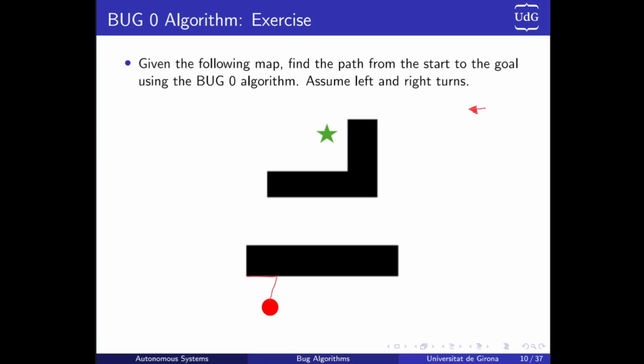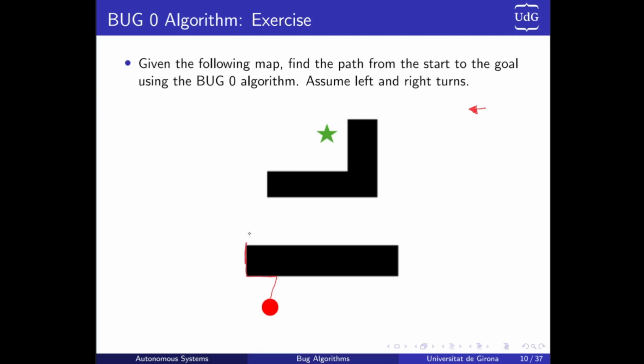And I keep following the boundary until I have visibility. See that here, for instance, I still do not have visibility, okay? Because visibility is the line towards the goal, and it's crossing the obstacle. Then I don't have visibility here. I have to keep continuing until I reach more or less this position. At this position, yes. Here, I can move toward here.